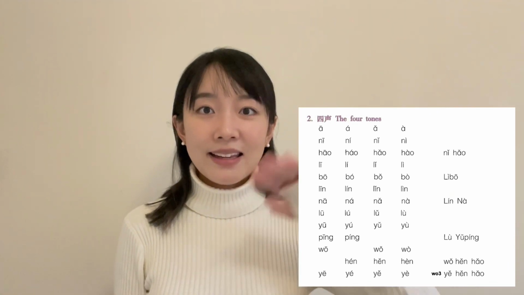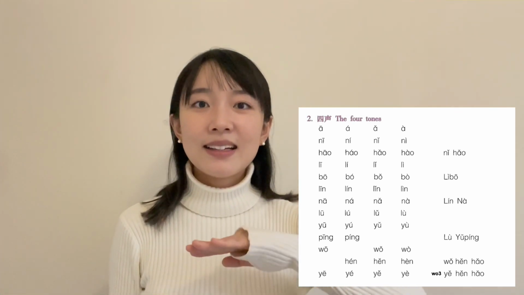Ling. Lin Na, Lin Na. Okay. Lu, lu, lu, lu. Yu, yu, yu, yu. So here some people may ask, it's y and u, why don't you pronounce it u?